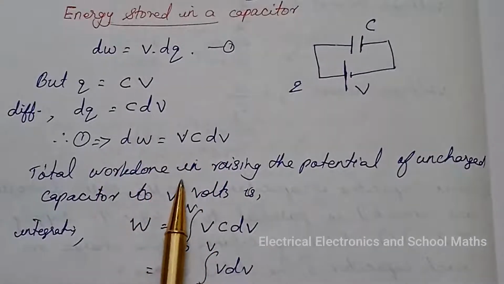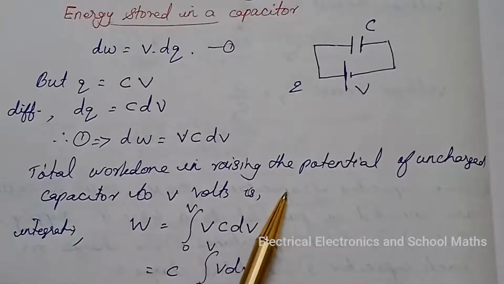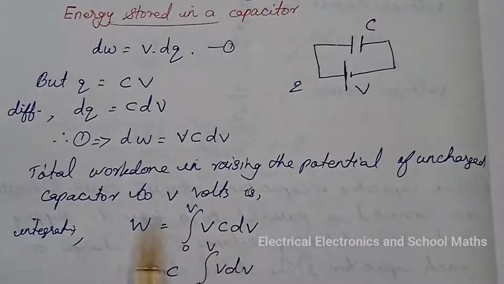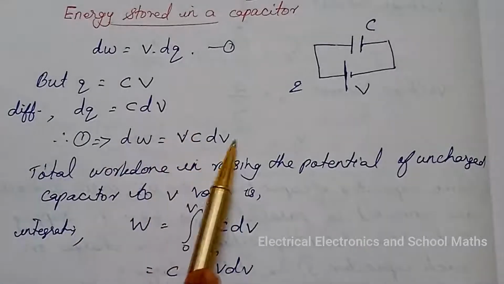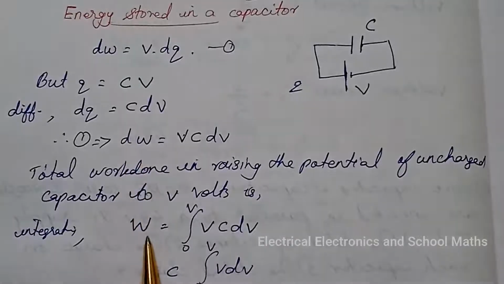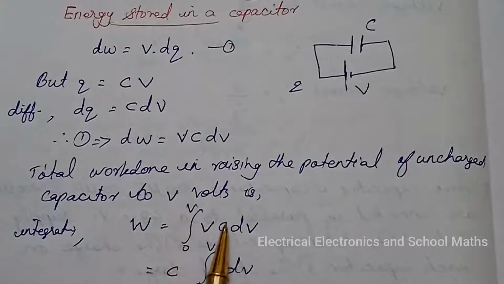The total work done in raising the potential of uncharged capacitor to V volts is, integrate this equation, we get integral of dw is W, that is equal to integral 0 to V of C into V dV.